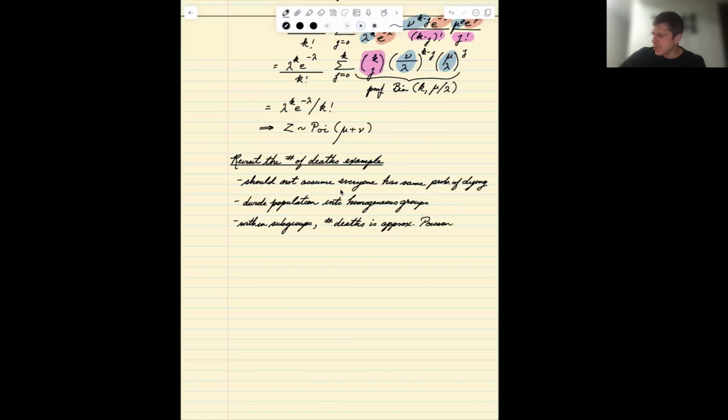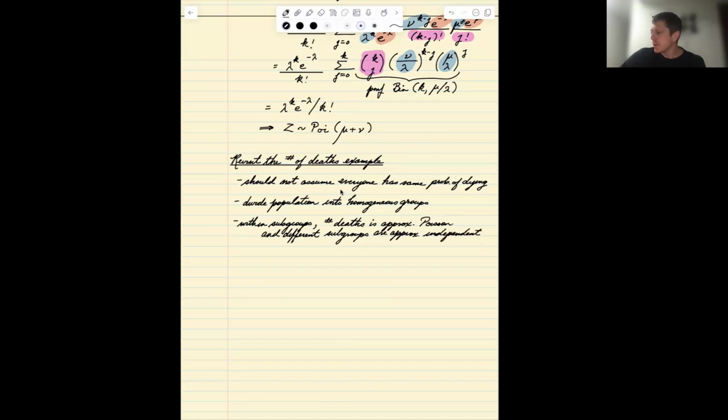And the different subgroups, for the most part, are approximately independent.